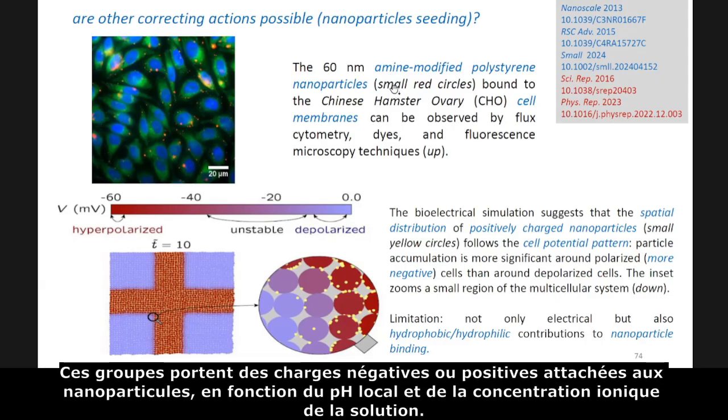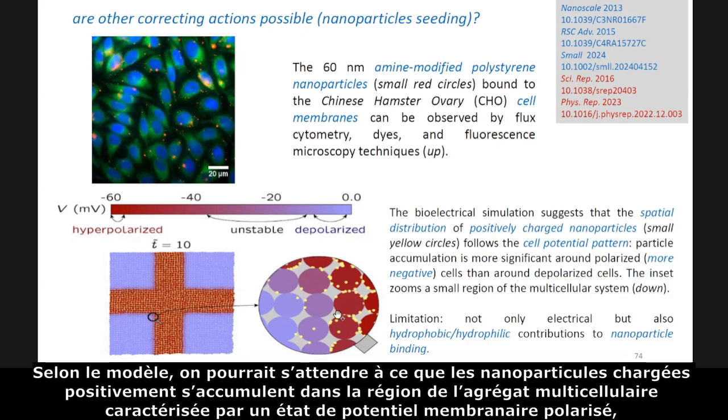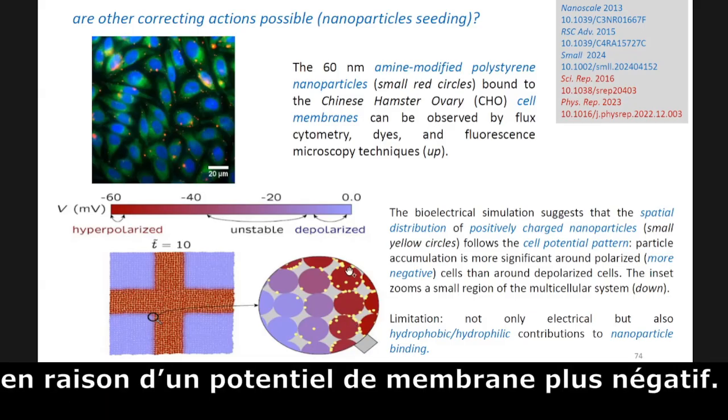These groups should be negative or positive charges attached to the nanoparticles, depending on the local pH and ionic solution concentration. It could be expected, according to the model, that positively charged nanoparticles will accumulate in the region of the multicellular aggregate which is characterized by the polarized state, because of the more negative cell membrane potential.